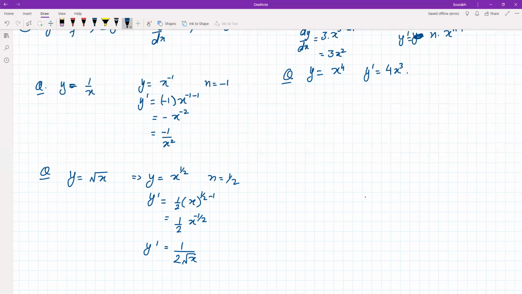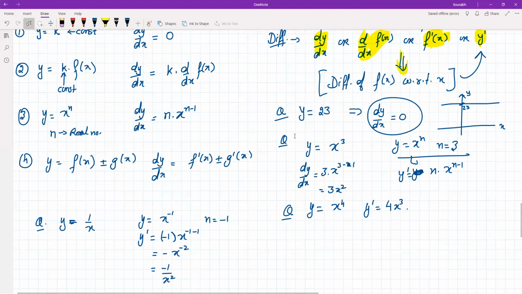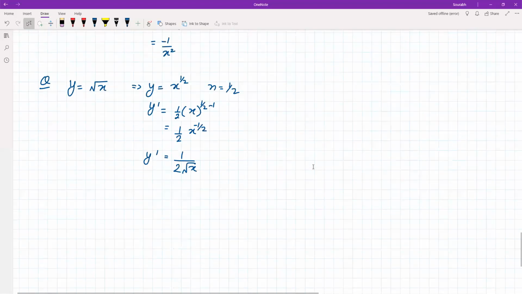Okay, now we apply the second rule on this. What if we have a function given by, say, y equals 8x cube. If you see this function, this matches with the rule which says y equals some k into a function of x.